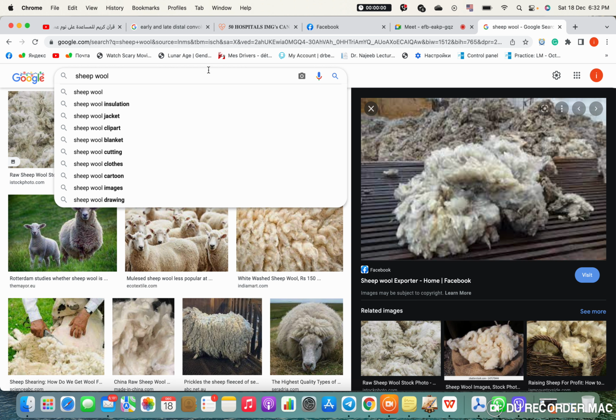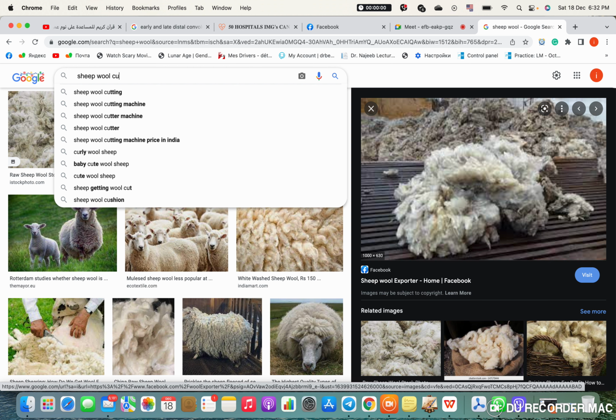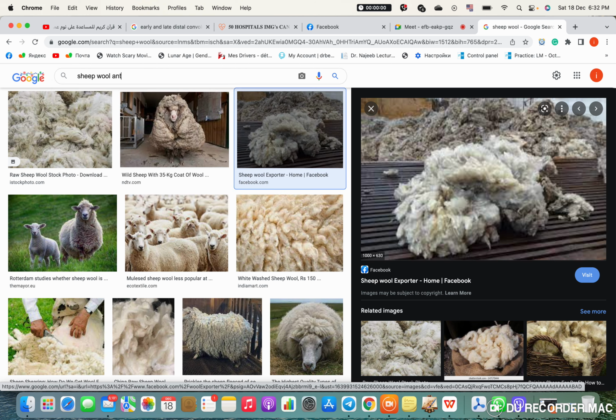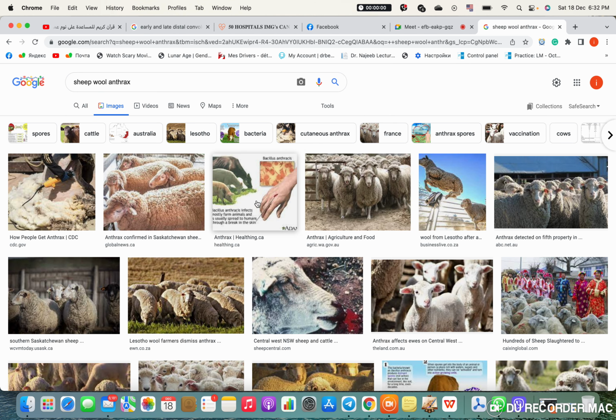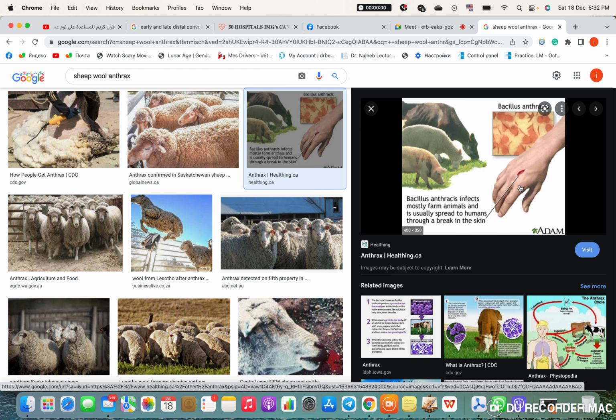It's possible, but there is a little twist to this. If we find anthrax in the wool, I want you to know one thing about this. This can lead to cutaneous anthrax, not the pulmonary one, okay? This mostly leads to cutaneous anthrax, which affects the skin.